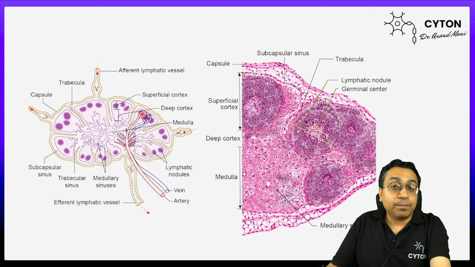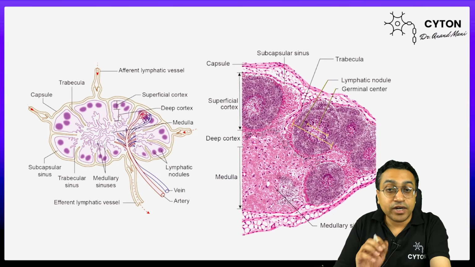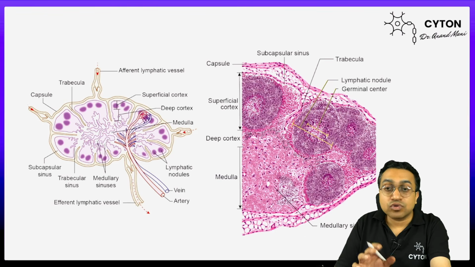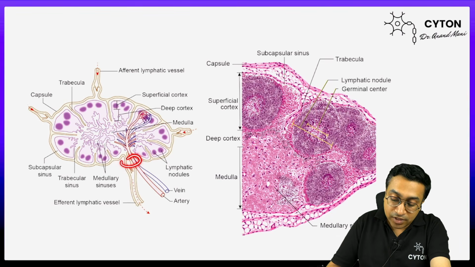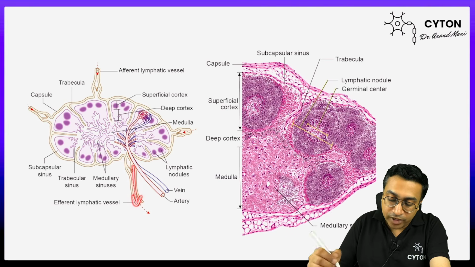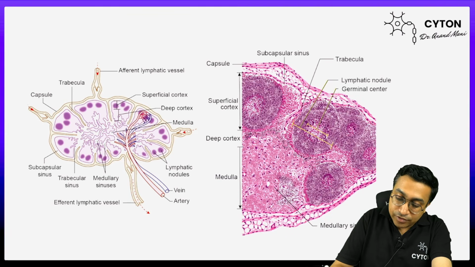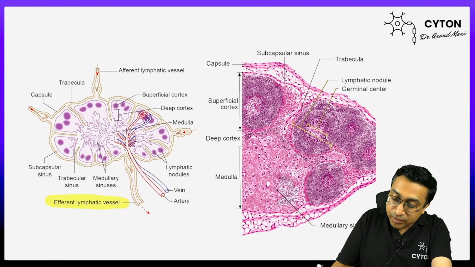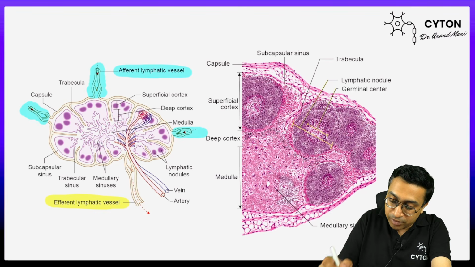But each lymph node has only one efferent lymphatic vessel through which the filtered lymph leaves through the hilum. The lymph node receives the blood vessels also through the hilum only. So you can see in this area, the hilum, the artery and the vein are also received. So this is one efferent one. Let me highlight, we have this efferent lymphatic vessel and multiple afferent lymphatic vessels. ठीक है, ये मल्टीपल हो गया, इसको अलग अलग कलर से कर लेते ताकि you remember this.